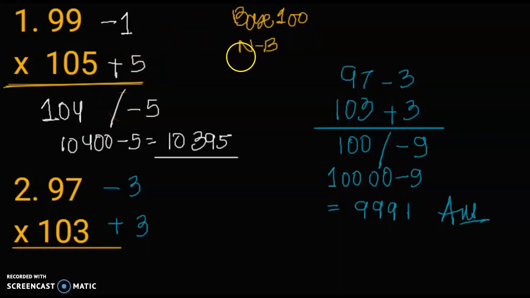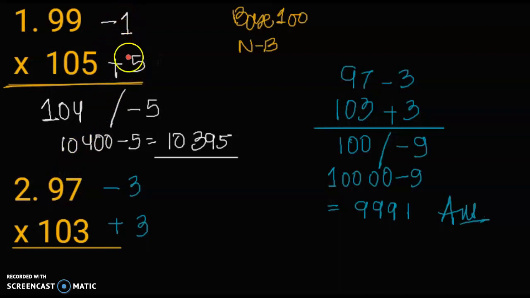As told earlier, we always perform number minus base. So the number is 99 and minus base gives you minus 1, right over here minus 1. And number minus base in the second case, 105 minus 100, gives you plus 5, as written over here.